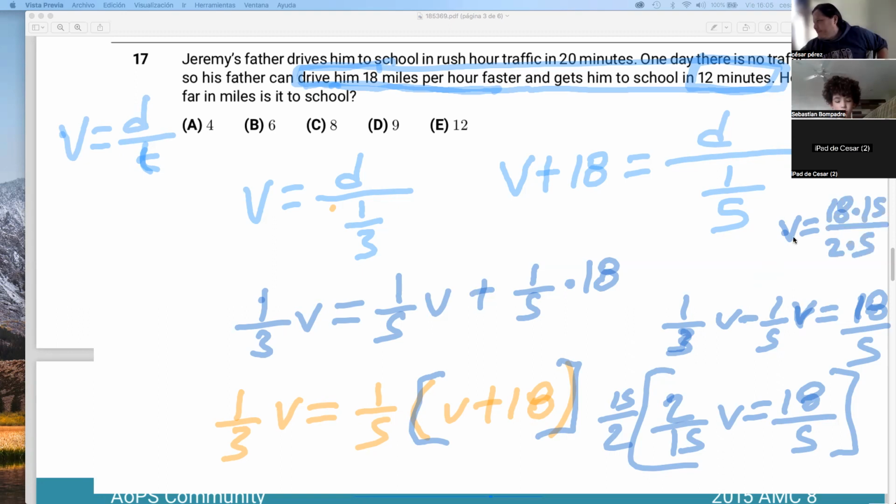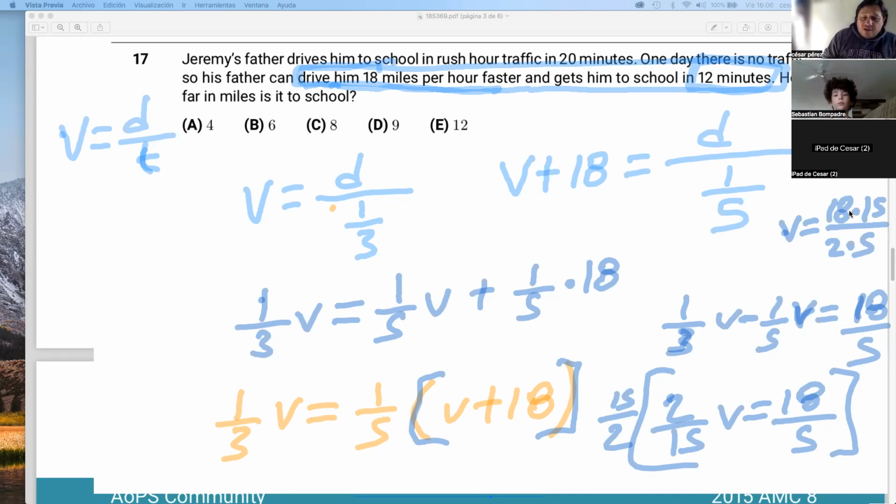We can solve this one. What do we get? 27. Okay. 27 is the velocity, okay?